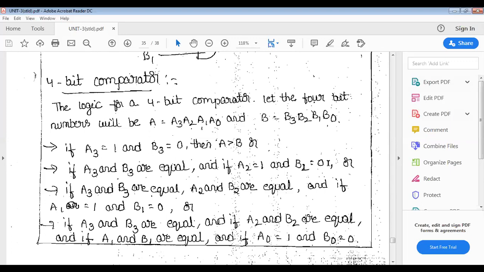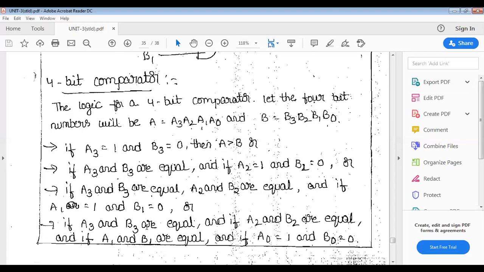If A3 and B3 are equal, and A2 and B2 are equal, and A1 is 1 and B1 is 0, that is another term, with OR meaning plus.